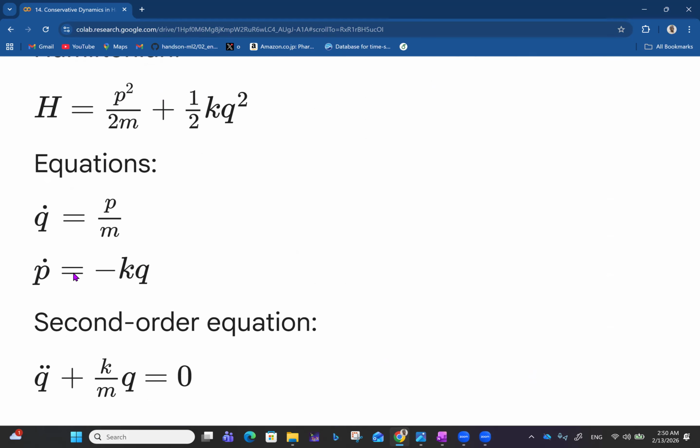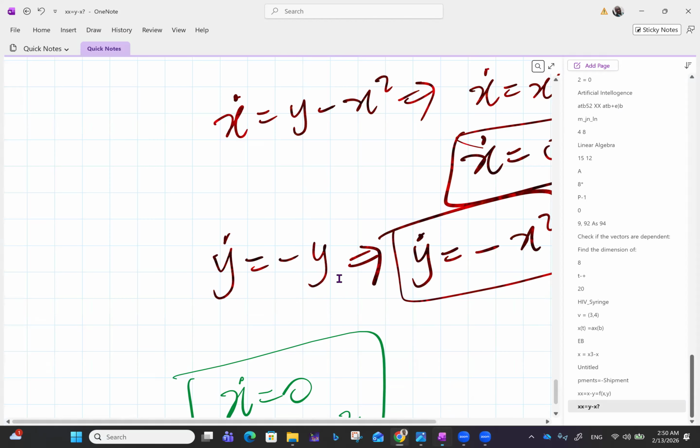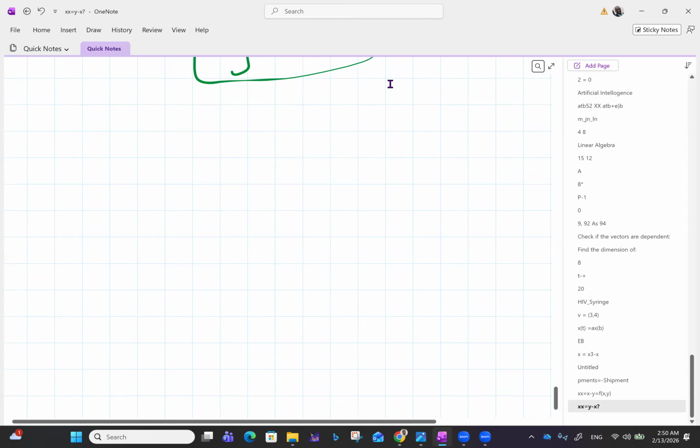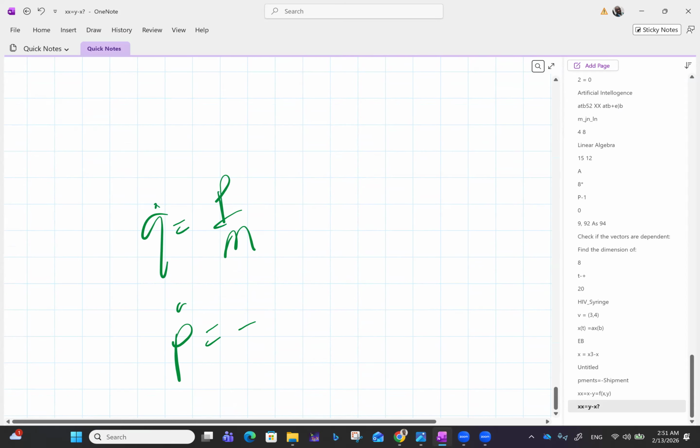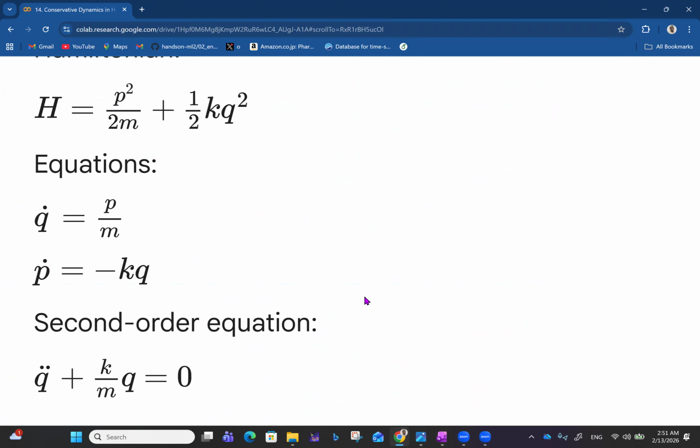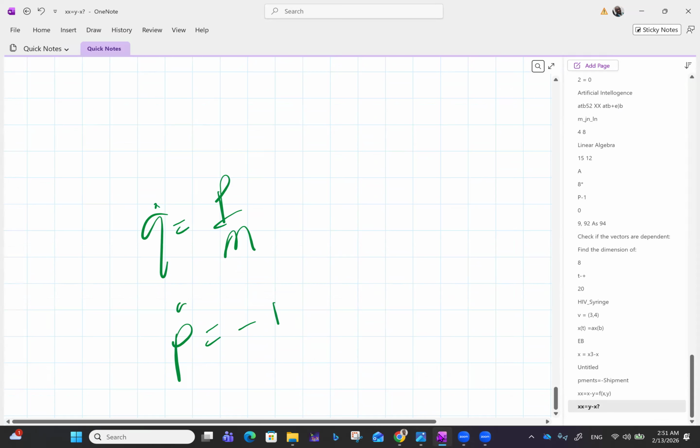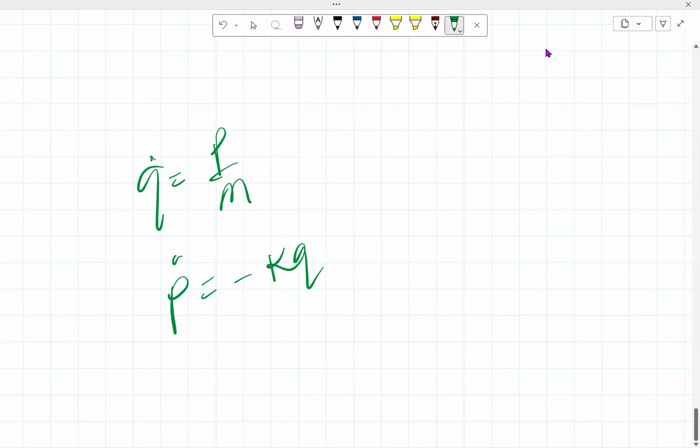Just as we can make a second order equation into two first order equations, we can make two first order equations into a second order equation.